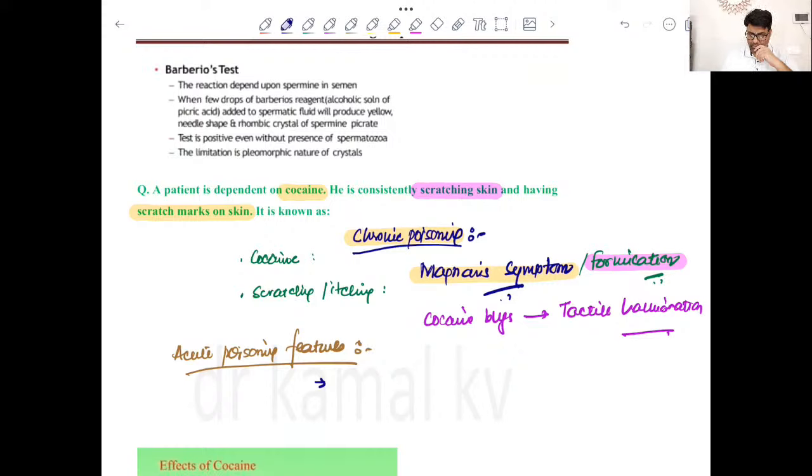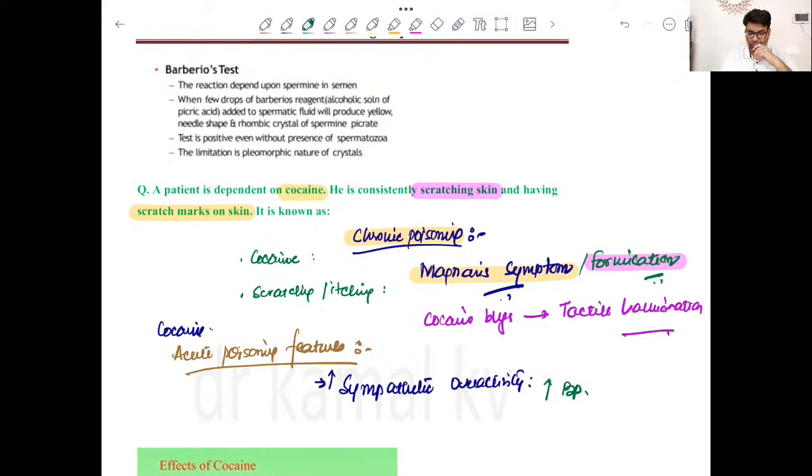Now in acute poisoning of cocaine, the manifestation is actually increased sympathetic overactivity, right? So that is increased sympathetic overactivity, and I think most of my dear students must be knowing what we'll see when there is increase in sympathetic overactivity. So number one, what will happen to blood pressure?